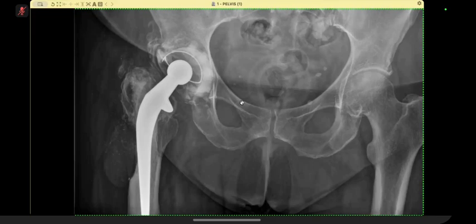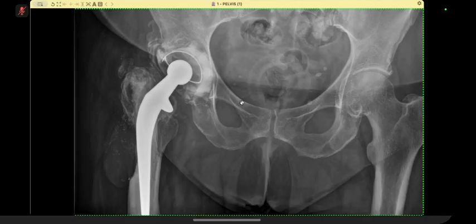I would like to inquire about the history of the patient, if this surgery was done for removal of any previous tumor. This could be a recurrence of the tumor. There is no history of any tumor, and this prosthesis has been there for 22 years.